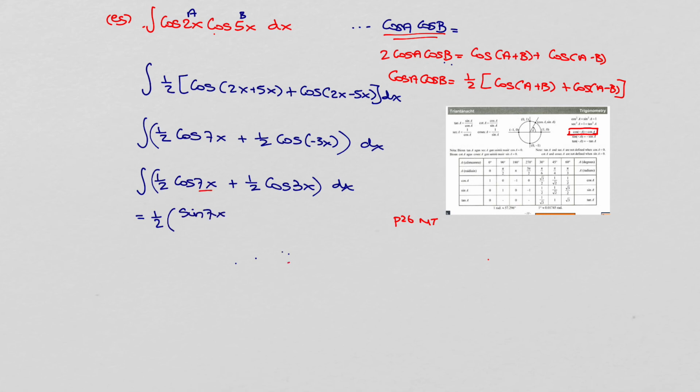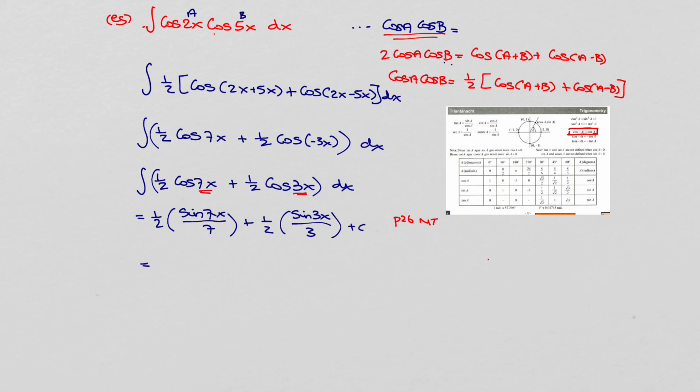But of course, I have to divide by the derivative of 7x, which is 7. And then plus a half times, integrating cos, I get sine 3x, and then dividing by the derivative of 3x, we get divided by 3. And again, no limits, so we must put in plus c into our answer.